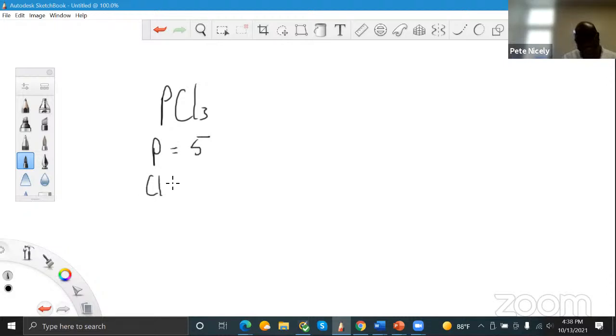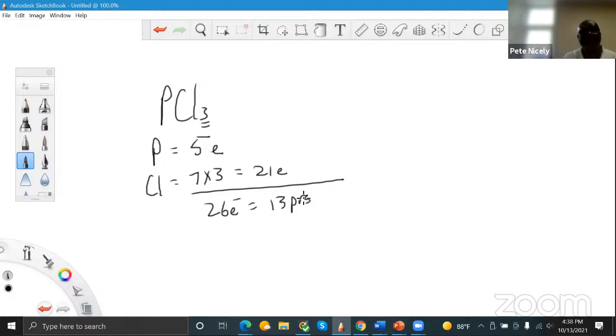Chlorine is in group 7A, so that will contribute 7 electrons each, but there are 3 of them, so you multiply this by 3. This gives you a total of 21 electrons here, and 5 electrons here. So this gives you a grand total of 26 electrons, which is equal to 13 pairs, all right?